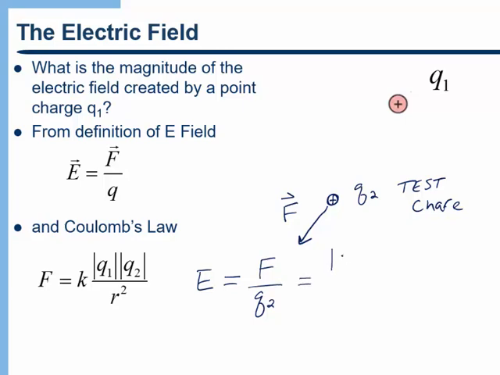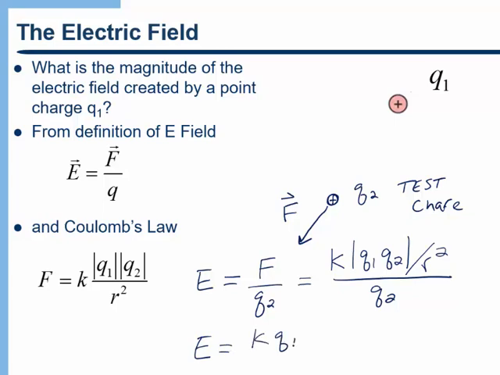In other words, it's k Q1 Q2 over r squared, and then I want to divide that by Q2. You'll notice that what we get is that the electric field created by charge Q1 is just kQ1 over r squared. So the closer we are to a charge, the larger the electric field created by that charge.